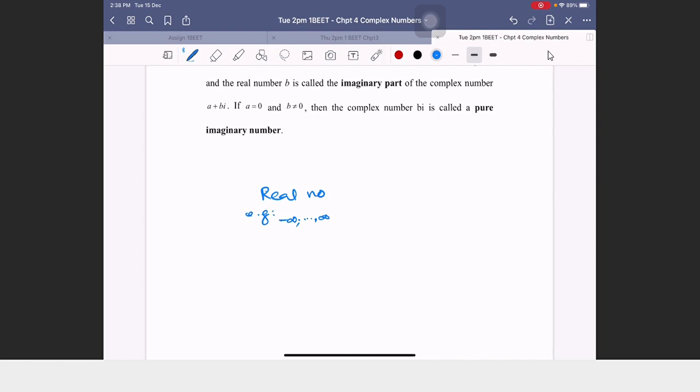A subset of the real numbers is what you learned last time as rational numbers, as well as irrational numbers. What is the difference between rational and irrational numbers, if you recall?